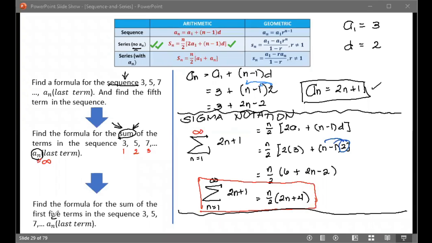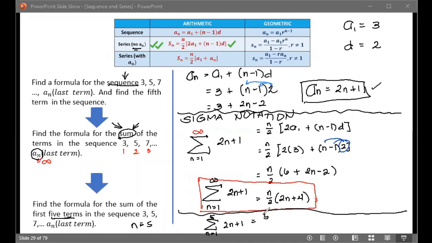It's only up until 5 terms. That means n is equal to 5. So we will modify our formula to match this expression. We arrive at the summation of 2n plus 1, where n starts with 1 because we start with our first term and ends with 5. There we go. We end with 5 this time.